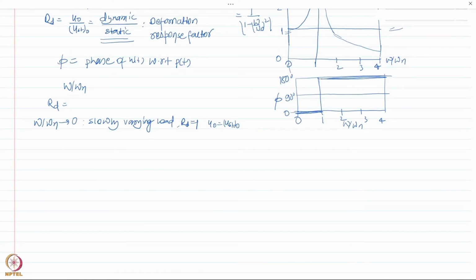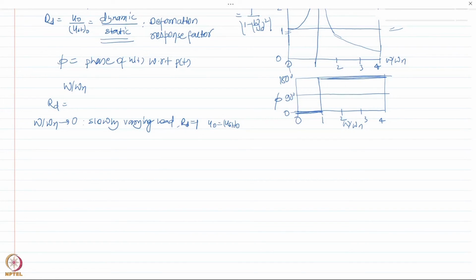And that should be intuitive to you, isn't it? If you're applying load at very small frequency, then your system would move in tandem with whatever force you're applying without having much dynamic effect of the mass, and that's why your dynamic displacement is equal to the static displacement.